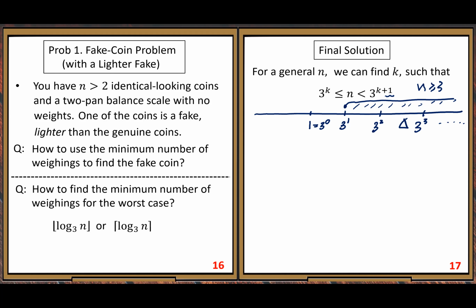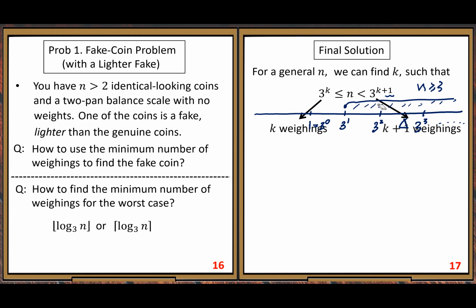After we have that, look at the number of weighings. When we solve this problem for 3 to the k weighings, and for 3 to the k plus 1 weighings, and n has more coins than 3 to the k but fewer than 3 to the k plus 1, think about the number of weighings we need.